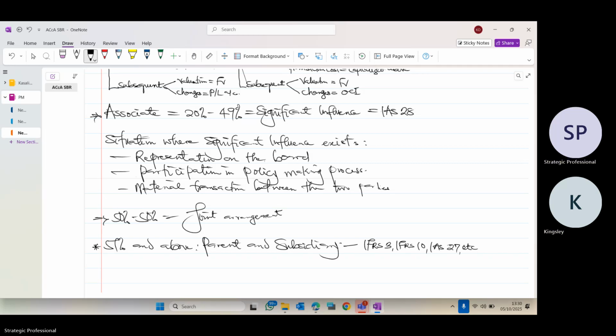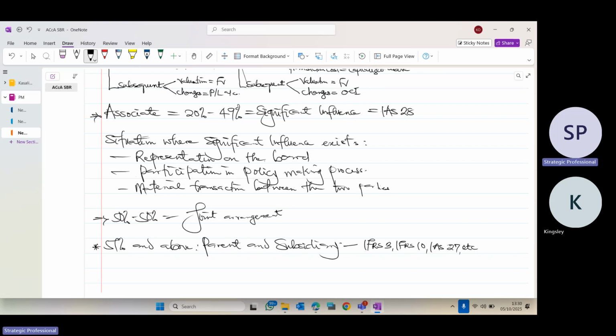An entity that is controlled by another entity is known as parent and subsidiary.